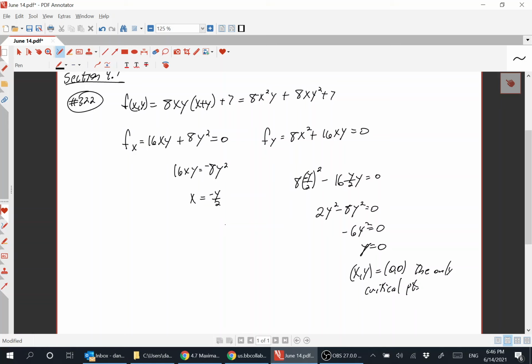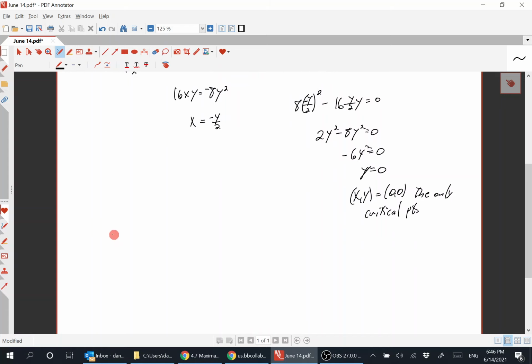Well, what does the second derivative test tell us? The second derivative test is to check this 2 by 2 determinant D, which is fxx, fxy, fyx, fyy, all at 0, 0.